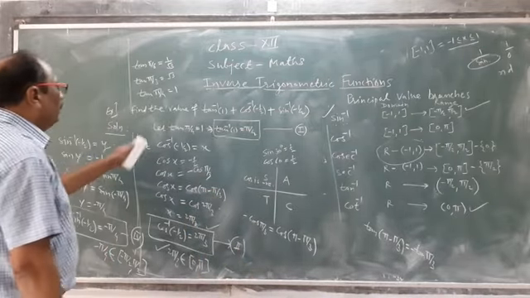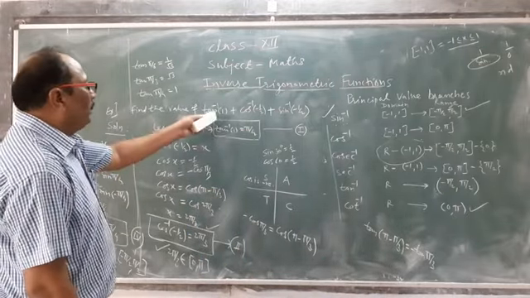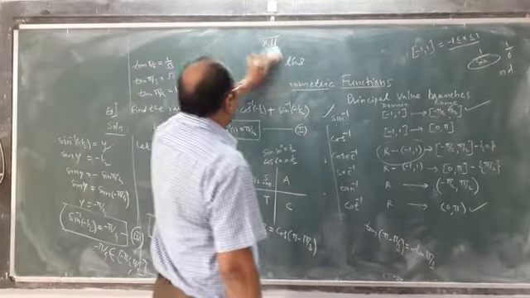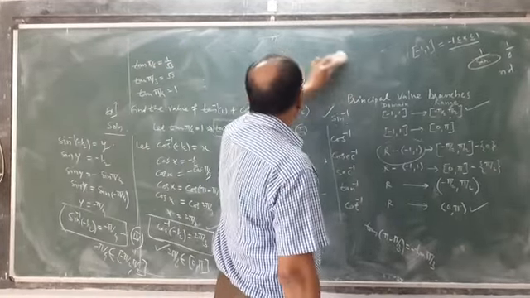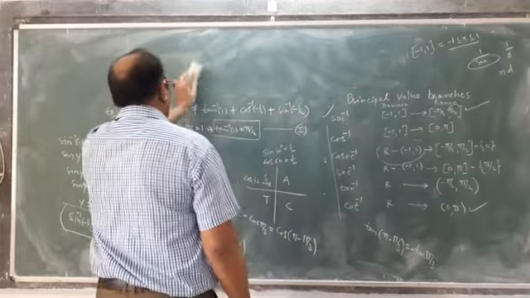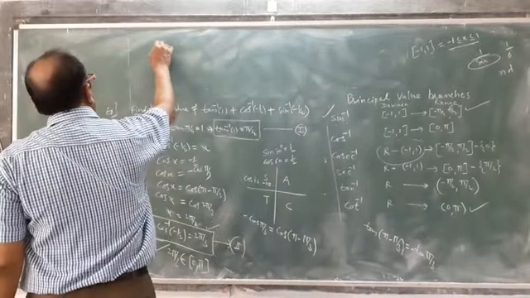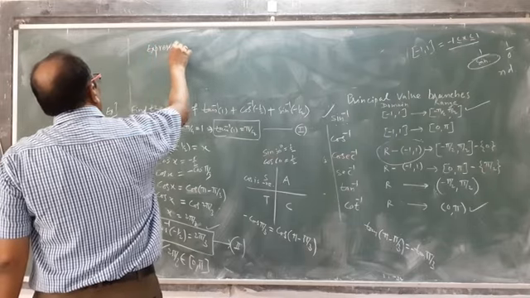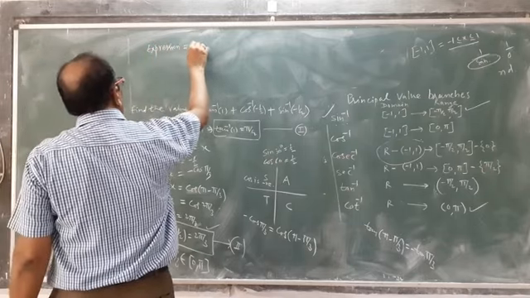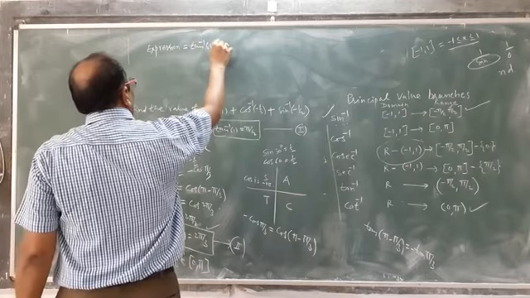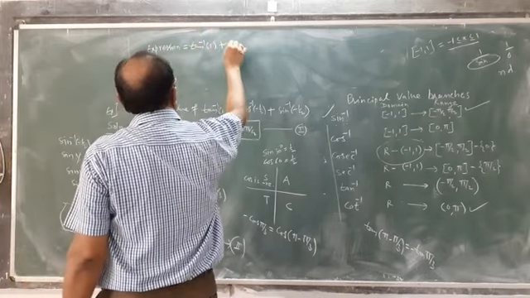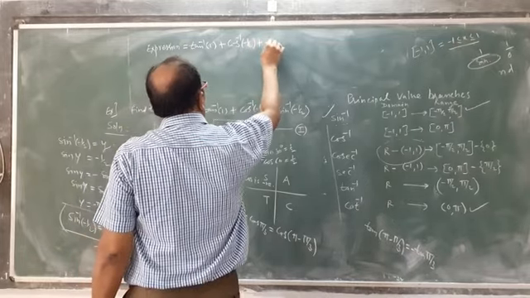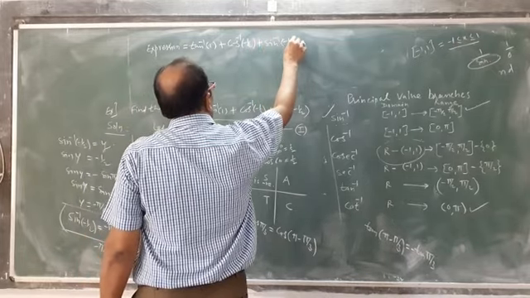Then the given expression is tan inverse of 1 plus cos inverse of minus 1 by 2 plus sin inverse of minus 1 by 2.